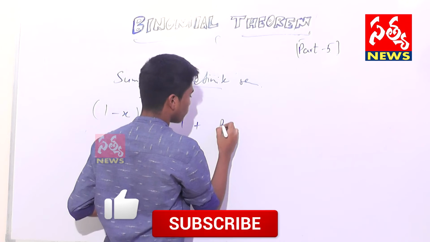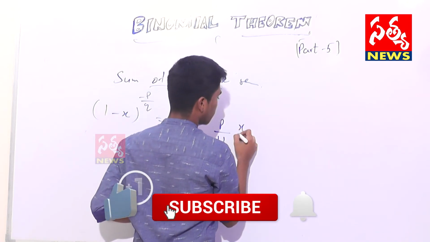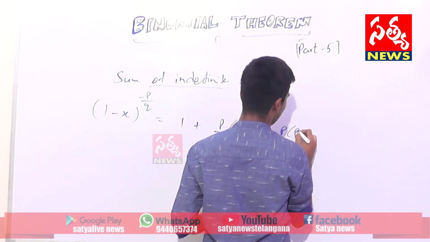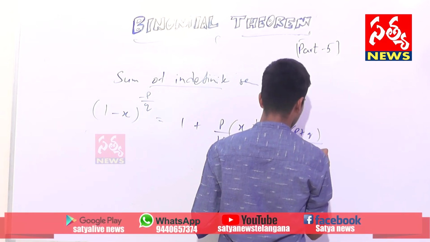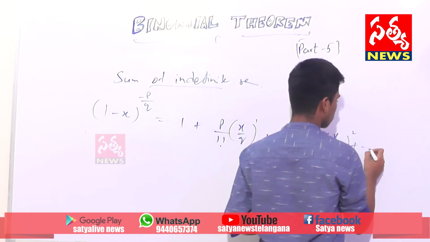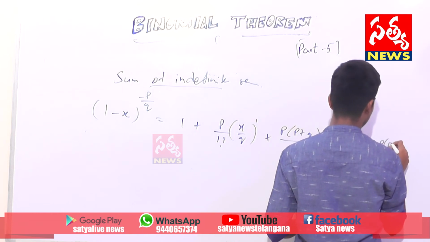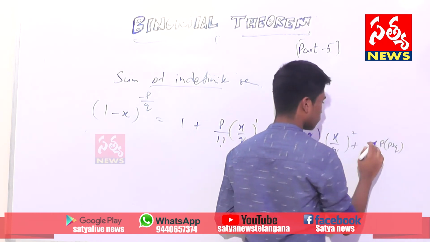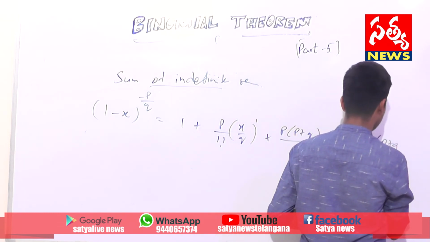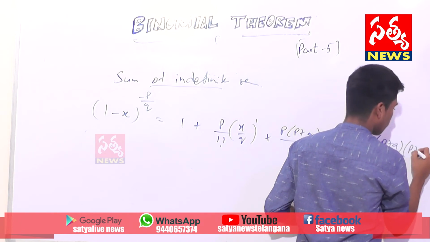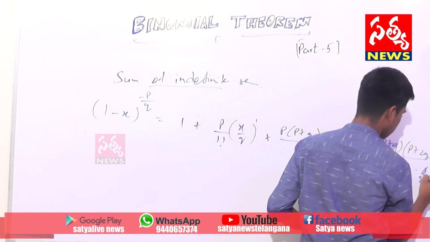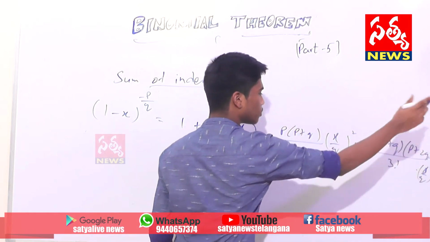It is 1 plus p by 1 factorial into x by q, plus p into p plus q by 2 factorial into x by q whole square, plus p into p plus q into p plus 2q by 3 factorial into x by q whole cube, and so on.